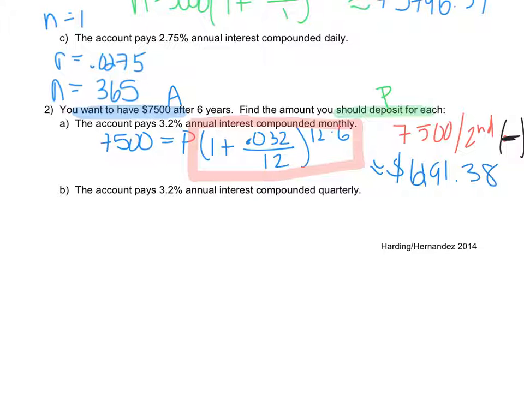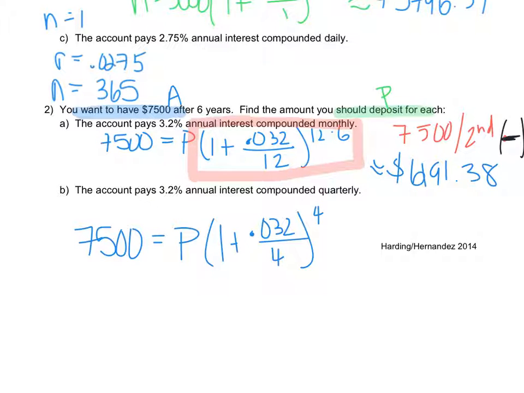All right, so same thing again. So we want $7,500. Principal, 1 plus the rate as a decimal. Quarterly is going to be 4. And then right away put that in the exponent times 6. Okay, so like I just said on the last problem, do this first in your calculator.